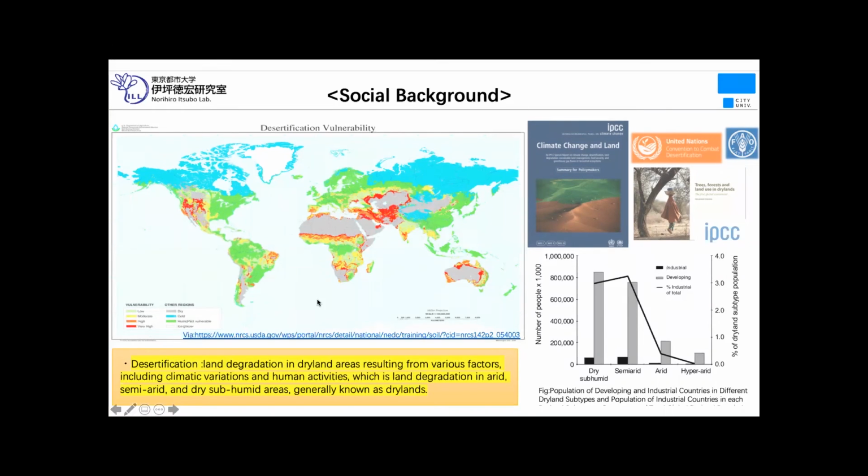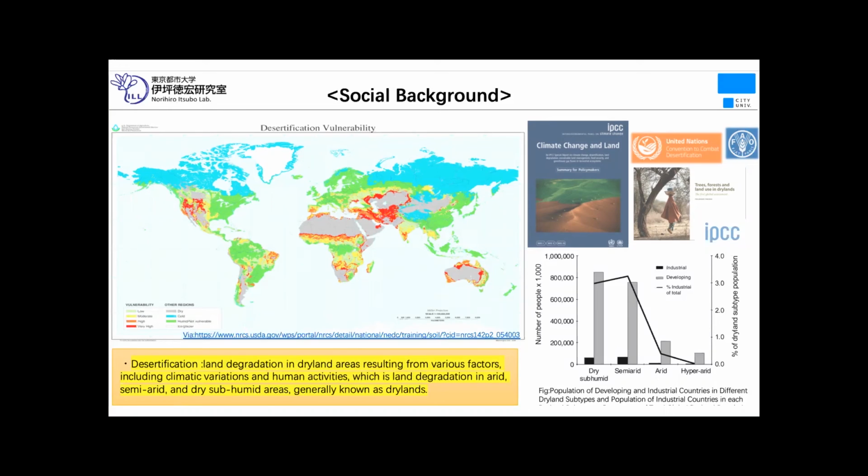This map shows the desertification vulnerability. The red color stands for very high vulnerability for the soil and land. We can see that it's a global environmental issue, which is a very serious problem.